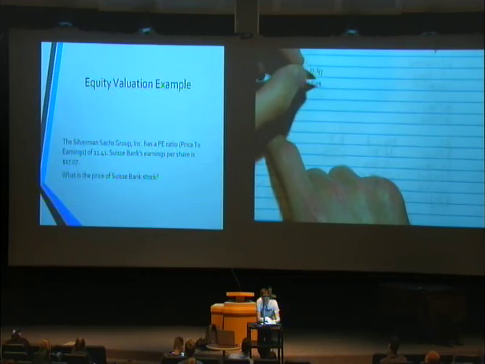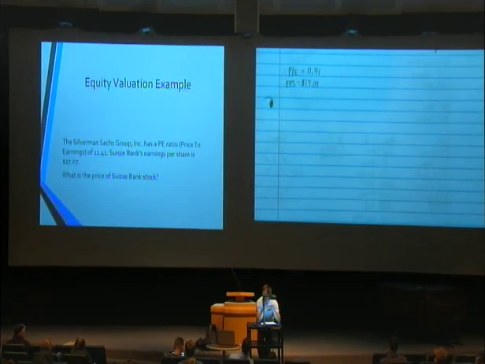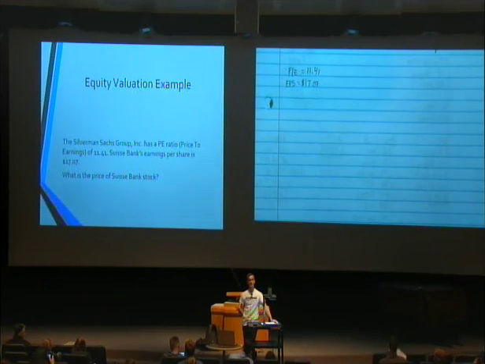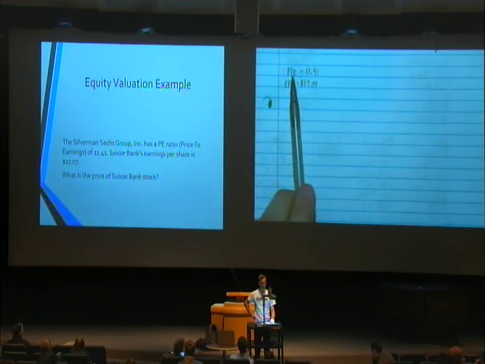So this means that for every share we have, we earn $17 on that share. So if this firm had one share of stock, that means their earnings were $17, right? Okay, so what is the price of Silverman Bank stock? So this price to earnings ratio is going to give us a big clue.